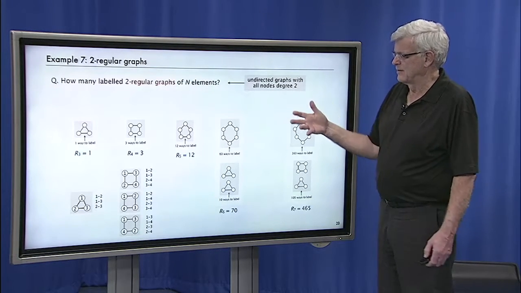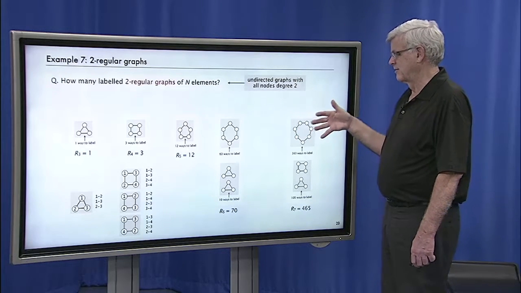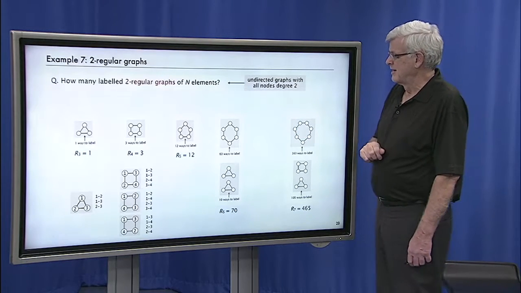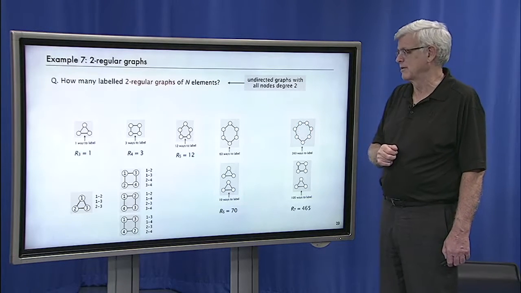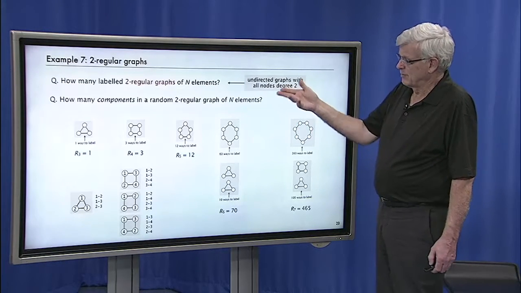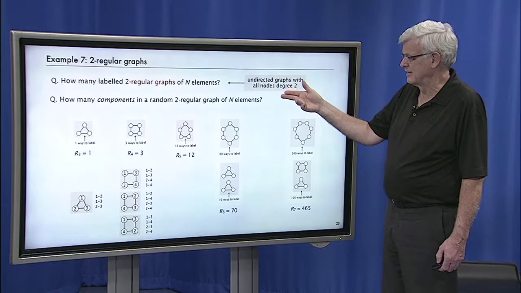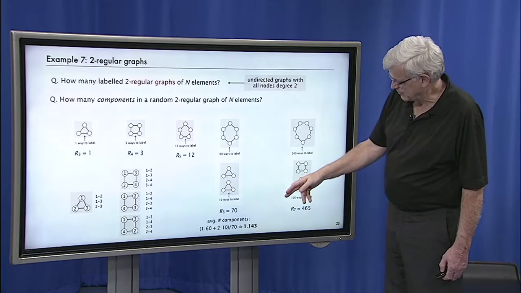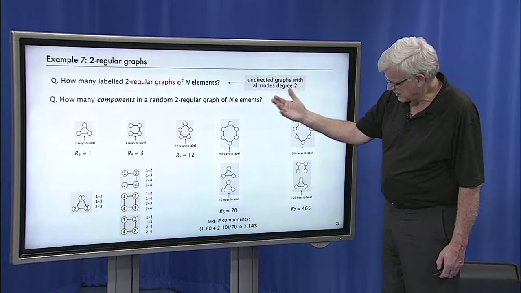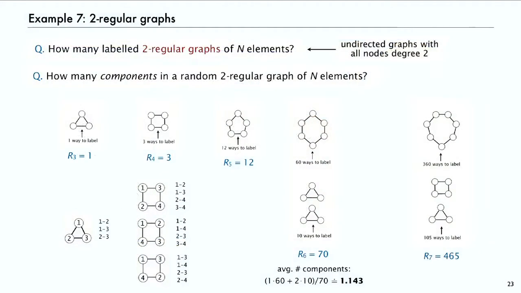And so you could work with elementary methods to try and count these. But with analytic combinatorics, it's actually quite easy. You also might want to know the number of components in a random 2-regular graph. So this one, there's 1 component for 60 of them, and there's 2 components for 10 of them, so that's an average of 1.143.